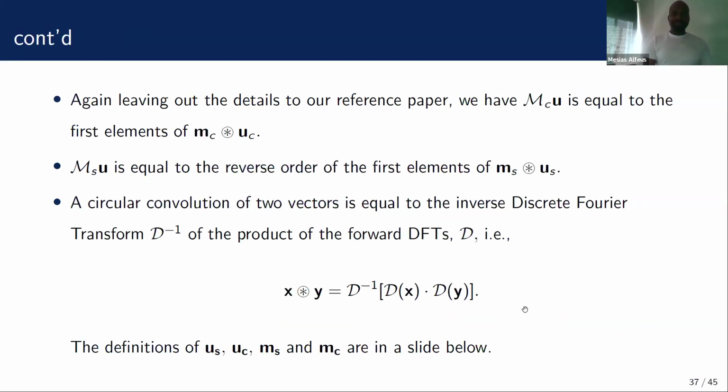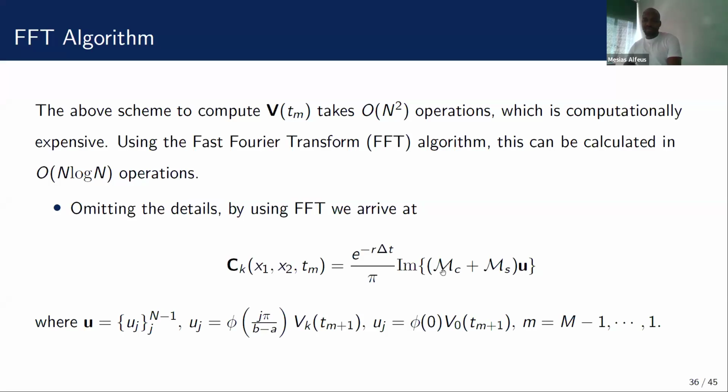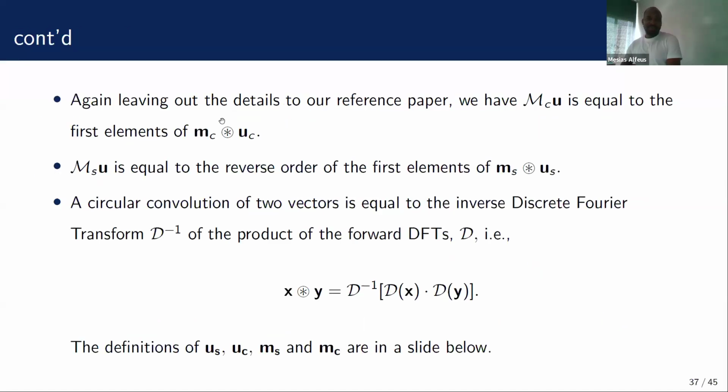So in that case, you can use these clever ways of calculating things. So now you'll have to calculate this product, the product of MC and U, and then MS and U, by using this convolution product of UC, which is given by this.